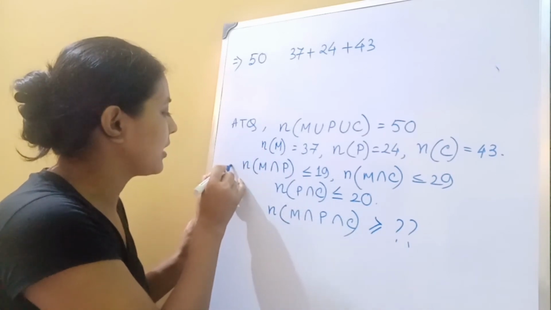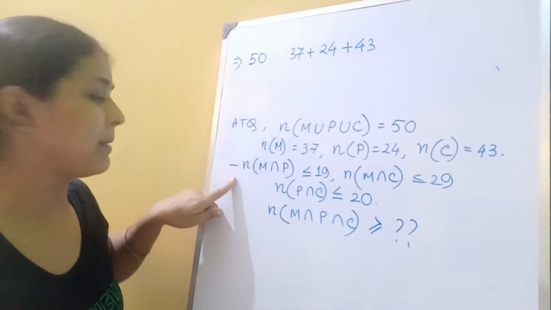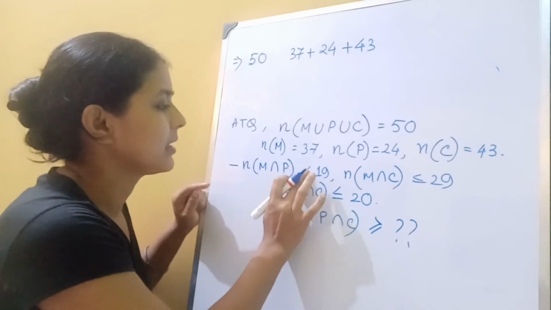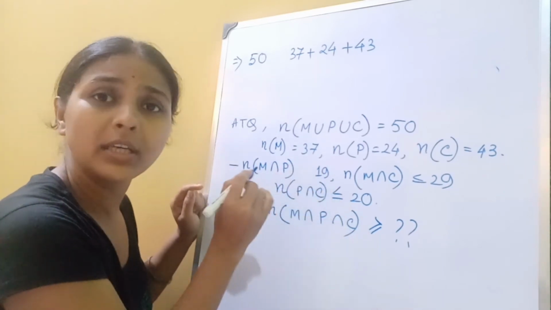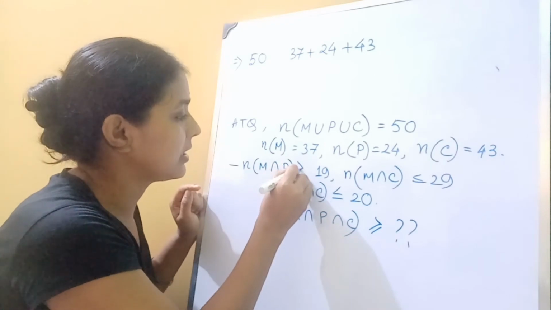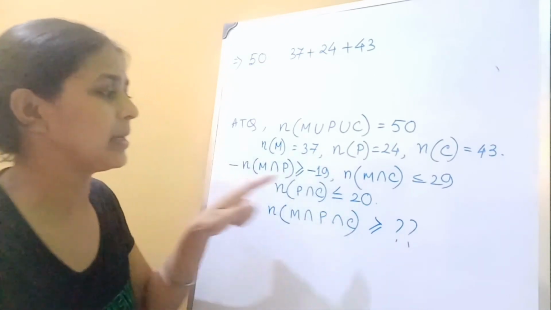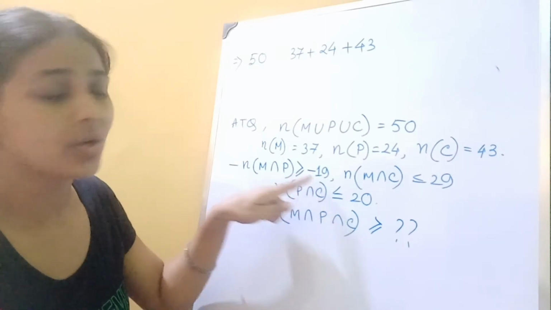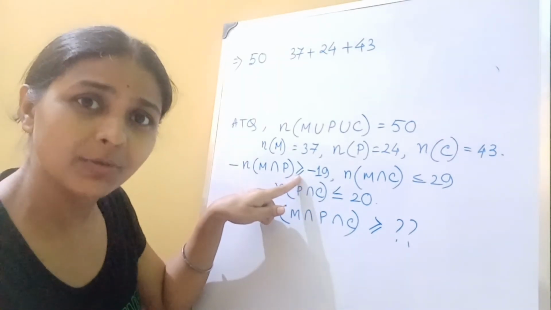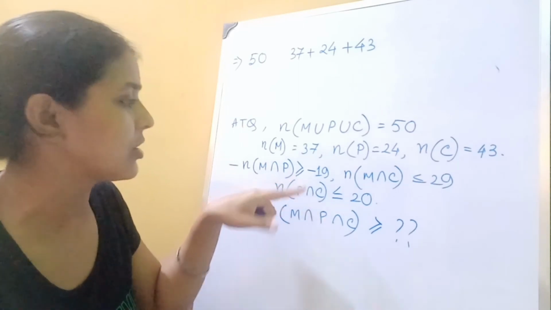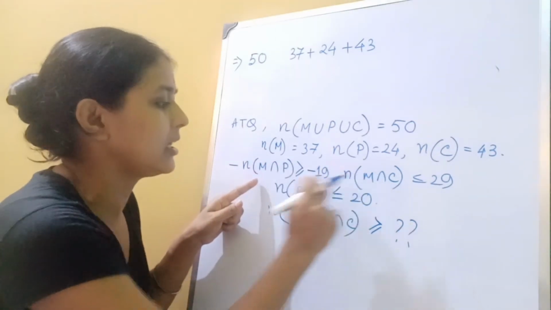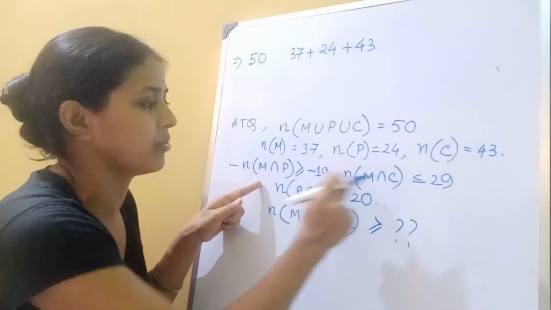That means if we are giving a minus sign here, then for inequality the sign will be changed and minus will be here also. Again I'm repeating, for inequality, this is not an equation. These three are inequations.